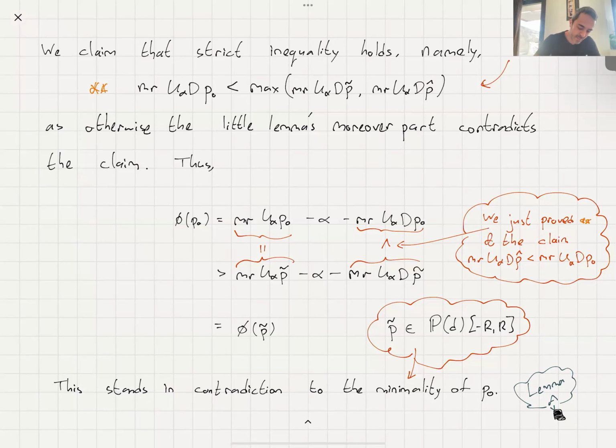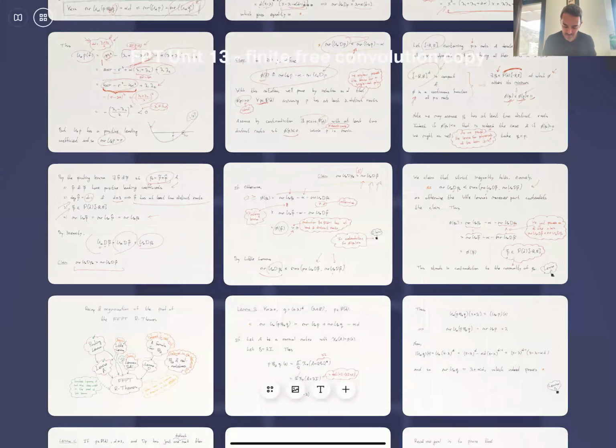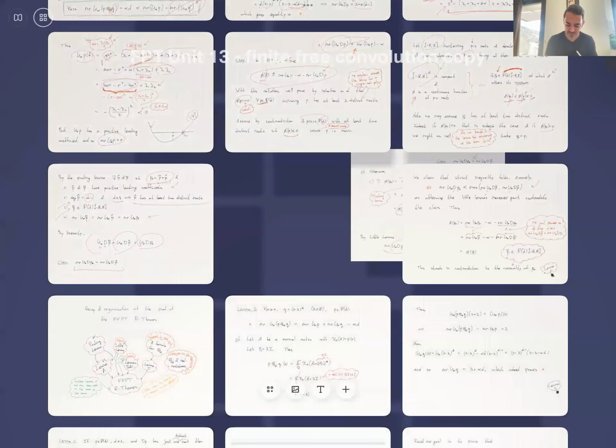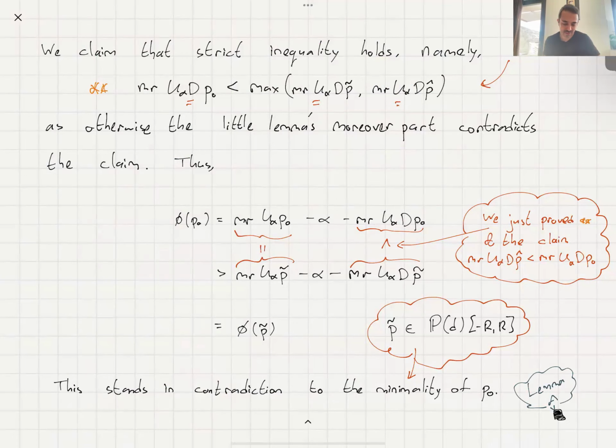The little lemma tells us that there is non-strict inequality, but I'm claiming strict inequality because if you remember, the moreover part in the little lemma says that you have equality only if all three players here are equal. And we just proved in this claim that they are not, because the 0 player is strictly larger than the hat player. Player is shorthand for the maximum root of U alpha d of that thing. So there is a strict inequality.